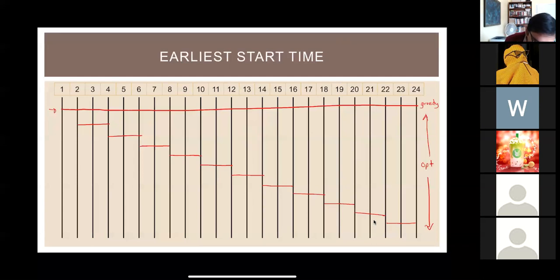Let's see. So let's look at this big interval. How many conflicts does this have? It's got 11, right? It has 11 conflicts. And how many conflicts does this one have? It's only got one conflict. So we would end up picking one of the ones with one conflict, and that would be perfectly fine.